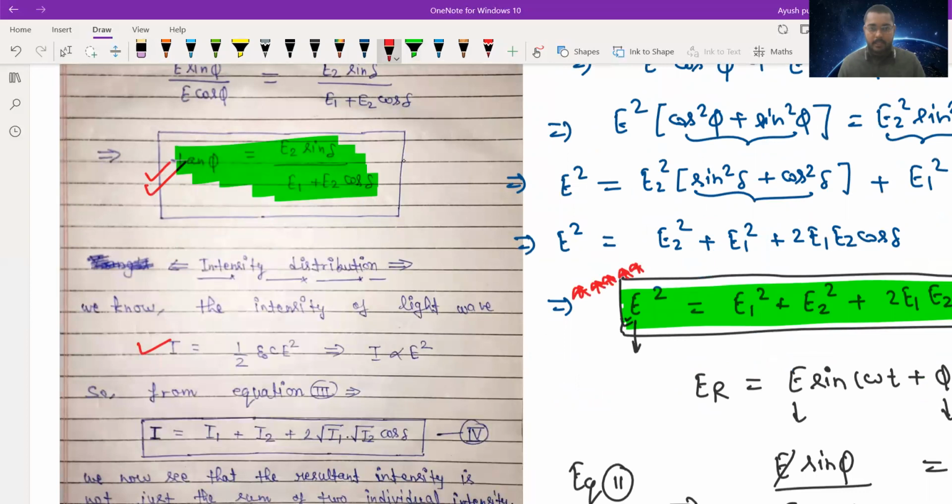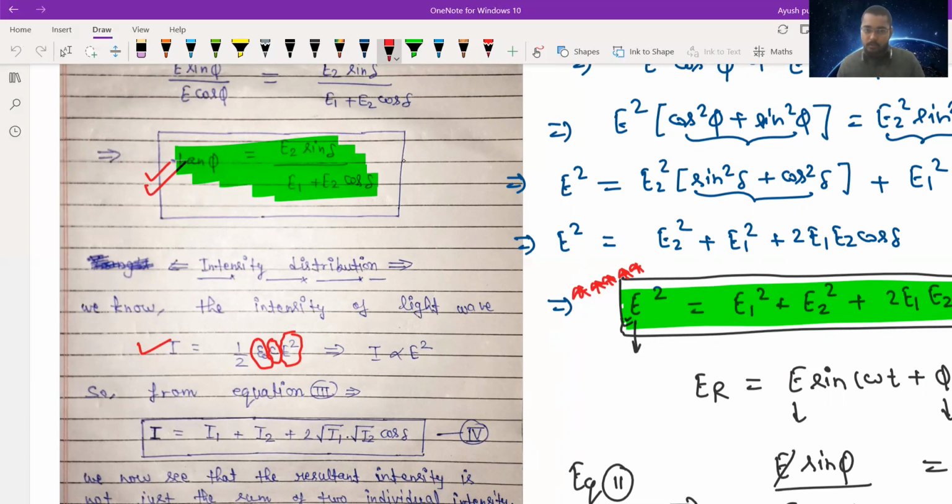I can be written as half epsilon naught c E square, where epsilon naught is the permittivity of the vacuum, c is the speed of light in the vacuum, and E square is the square of the amplitude of the electric field of the light wave. So now I have written down the intensity of the light wave in terms of the permittivity, the speed of light in vacuum, and the amplitude of the light wave, right?